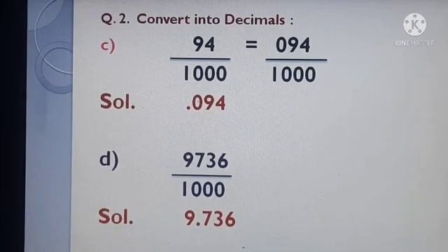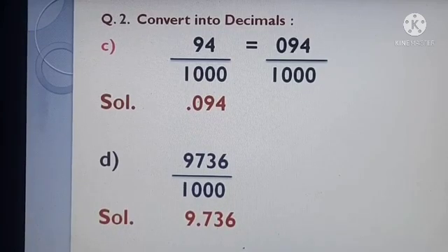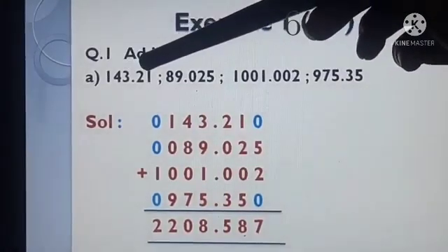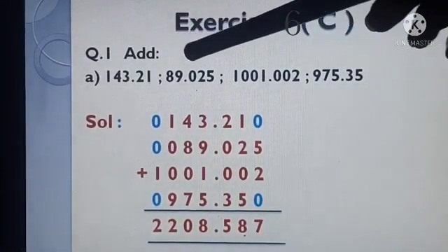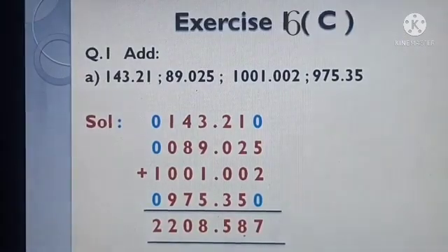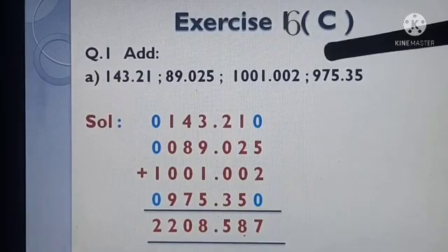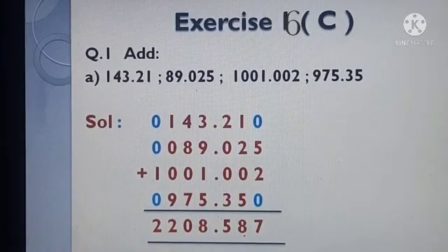Now we will do addition and subtraction of decimal numbers. Question number 1. Add 143.21, 89.025, 1001.002, 975.35.